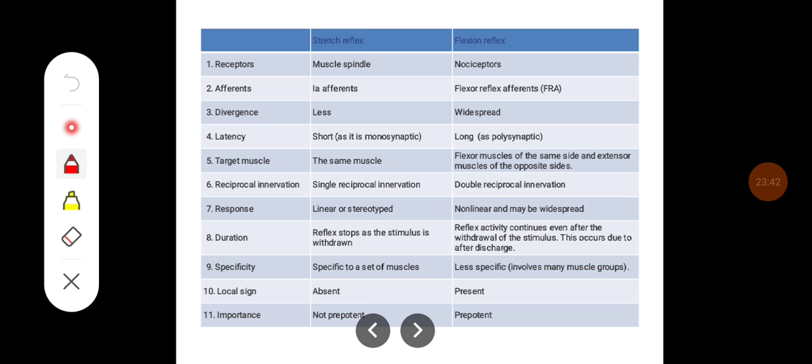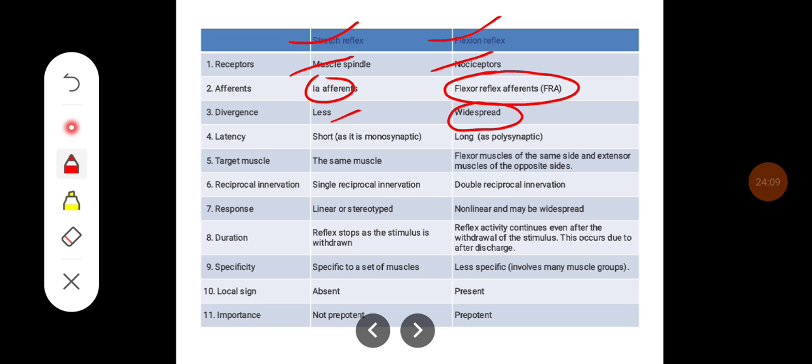So these are some differences between the stretch reflex and the flexion reflex. In the stretch reflex the receptors are muscle spindles, and here they are nociceptors. Afferents are 1A fibers in the stretch reflex, and for the flexion reflex they are flexor reflex afferents. In the flexion reflex there is widespread divergence, and in the stretch reflex it is less.